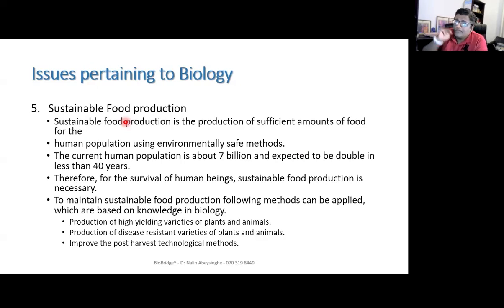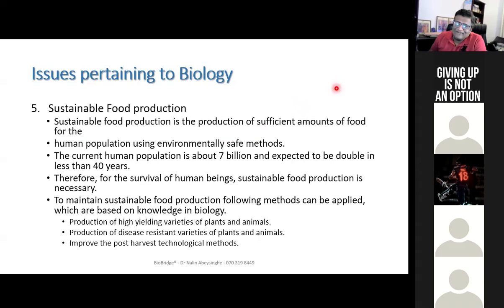So for that, before that, you have to identify the problem. See, the current human population is about 7 billion and expected to double in less than 40 years. Now, if you go through the web, you will see this is not the real value at the moment.